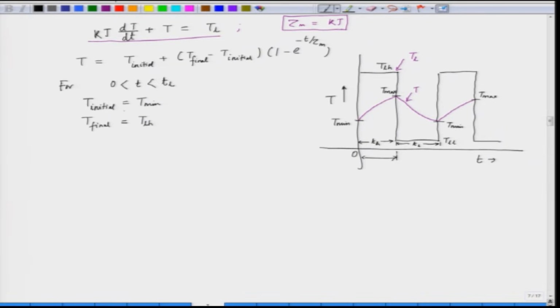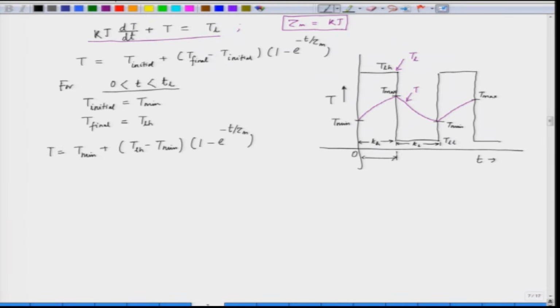So, we can substitute these values in the previous equation, and for this zone we can write the equation T is equal to T minimum plus T L h minus T minimum into 1 minus exponential minus t by tau m. Now, from this equation we can find out what is T maximum.